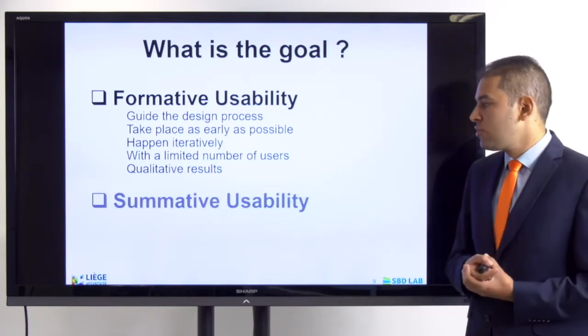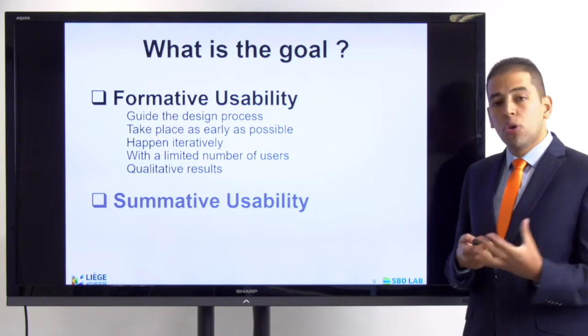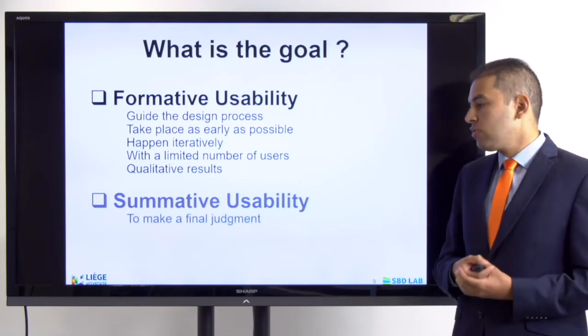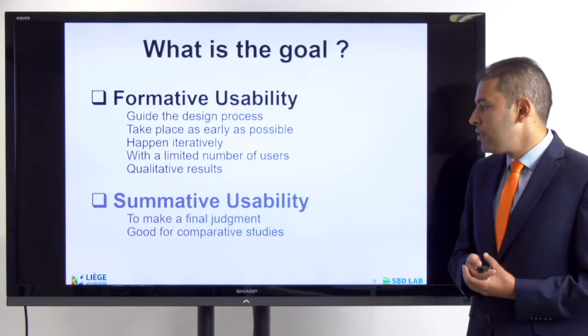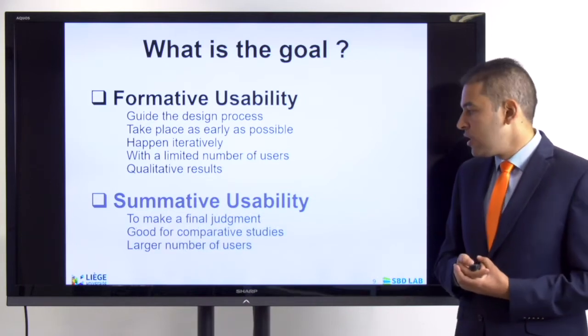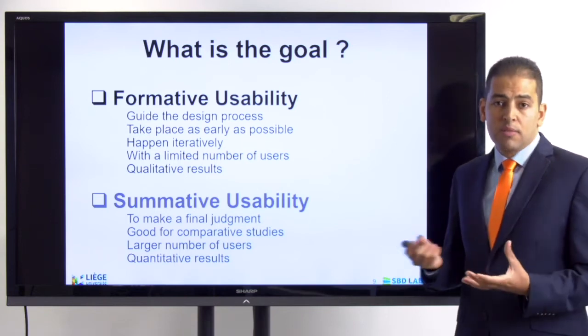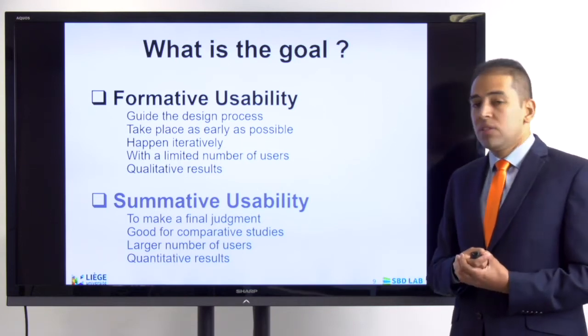On the opposite, just to keep you informed, even though it's out of the scope of this presentation, summative usability is looking to make a final judgment and is looking for good comparative studies with a large number of users, and in this sense qualifies to be a quantitative result.